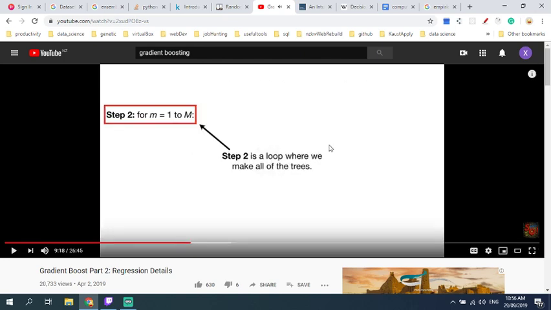Step 2 is a loop where we make all of the trees.